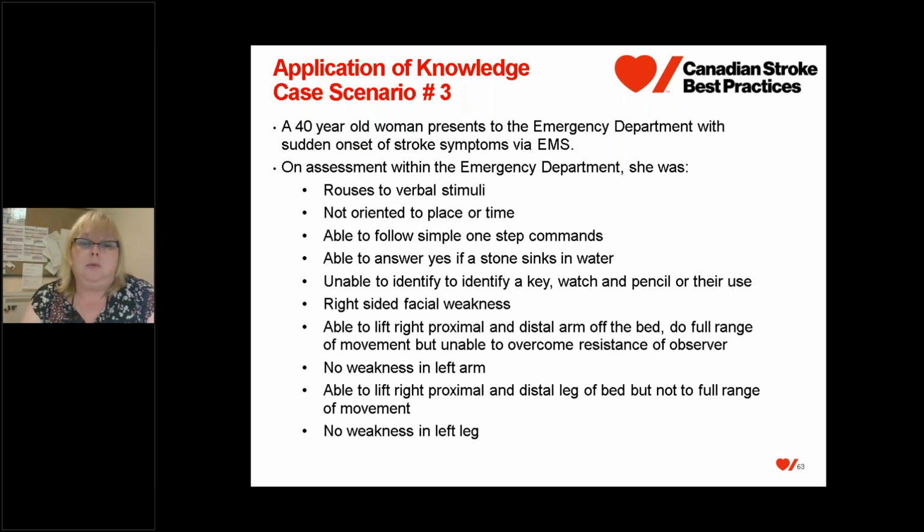able to lift the right proximal and distal arm off the bed, do full range of motion, but not able to overcome the resistance of the observer, had no weakness in the left arm, was able to lift the right proximal and distal leg off the bed, but not do full range of motion, and no weakness of the left leg.